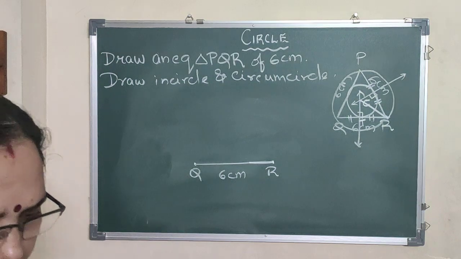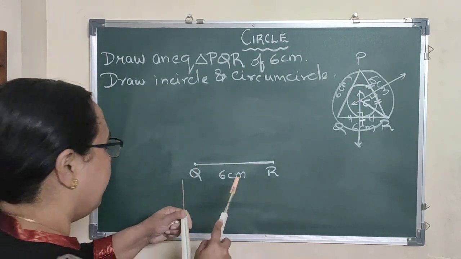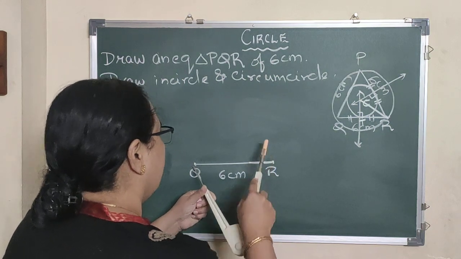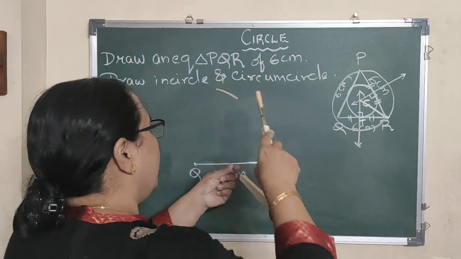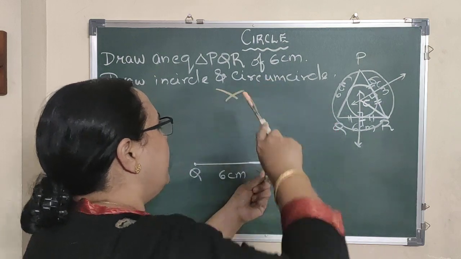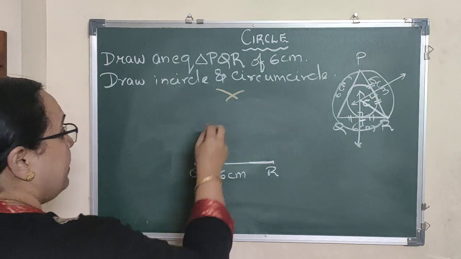So what we need is a compass. On your compass, take 6 centimeter. Draw an arc from point Q, keeping the same distance. Cut the arc you have drawn from point R. There you get the triangle. So join it and complete the triangle.